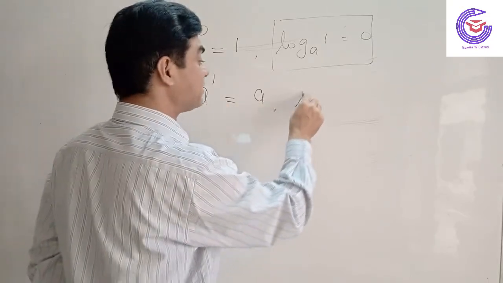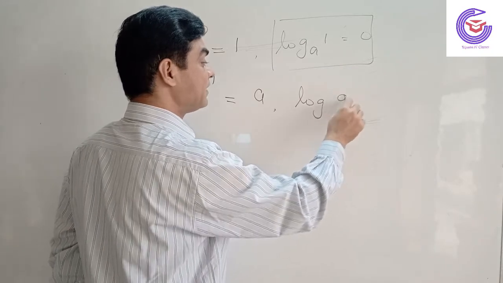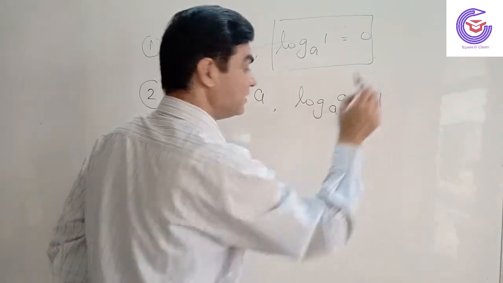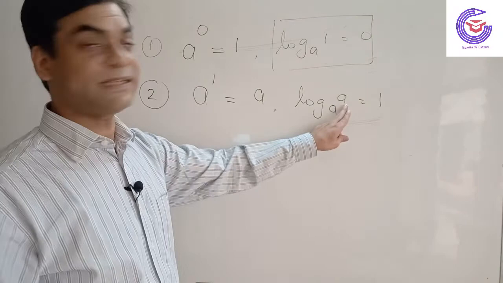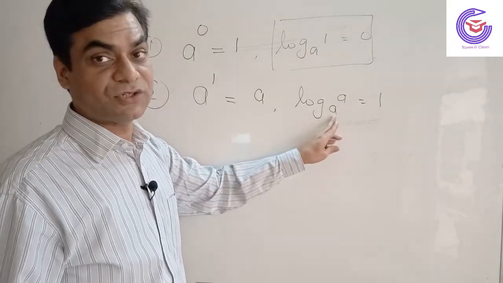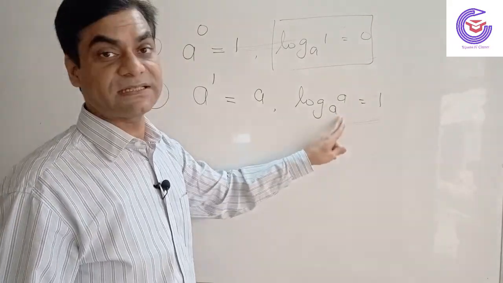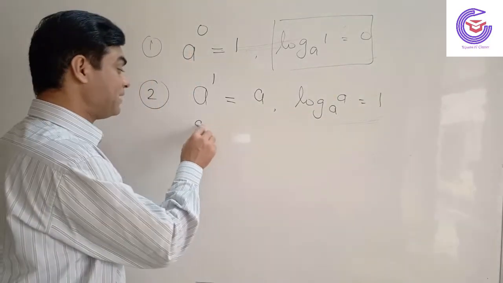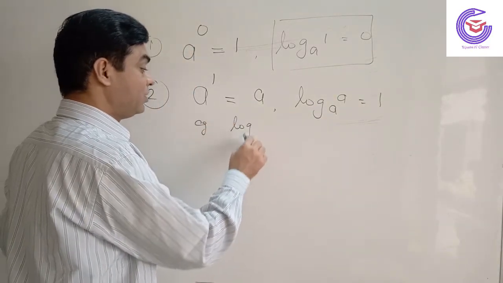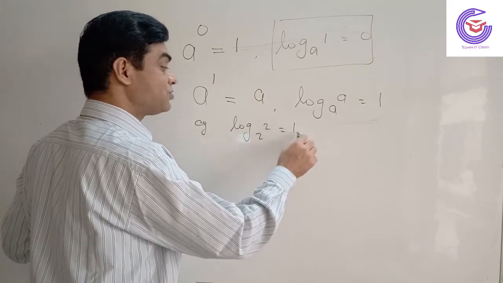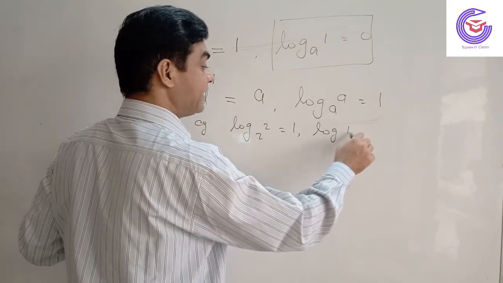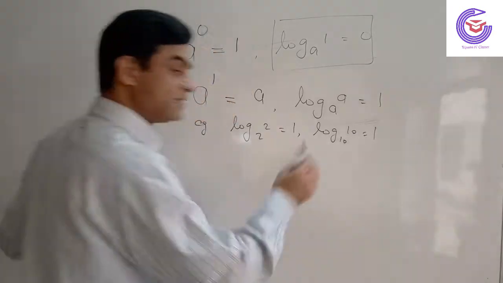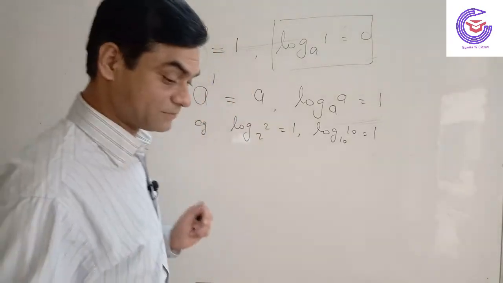So in logarithmic, log a base a is equal to 1. If the number and the base are the same, the logarithm will always be 1. For example, log 2 base 2 is 1, log 10 base 10 is also 1.